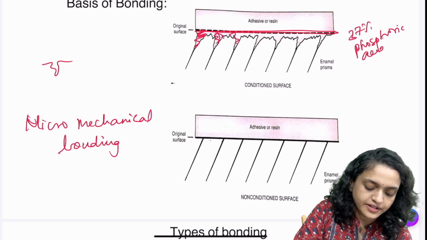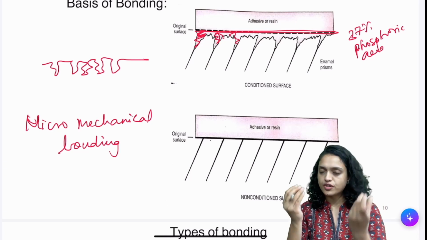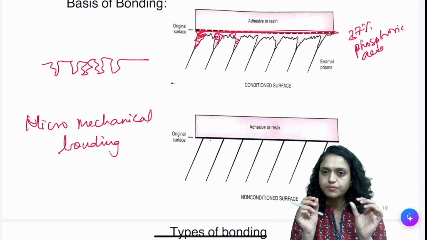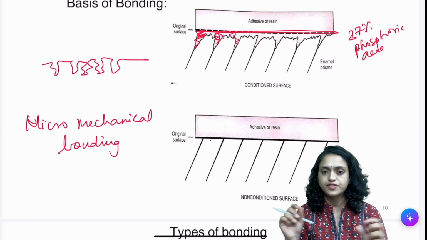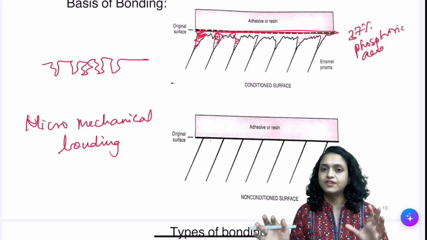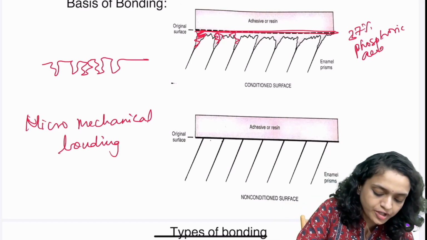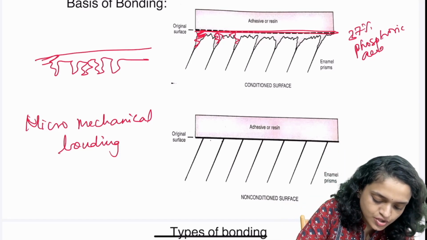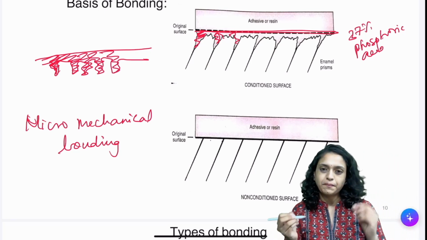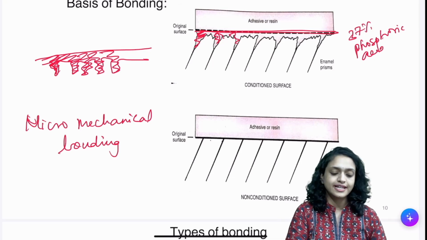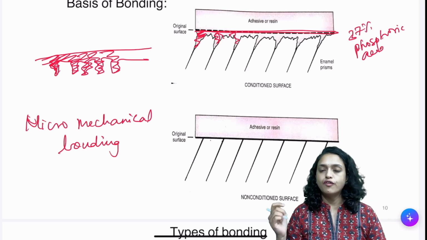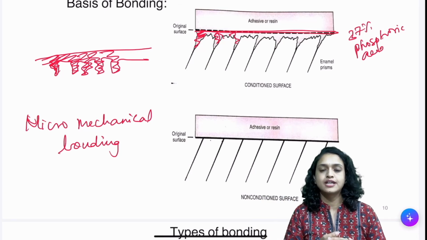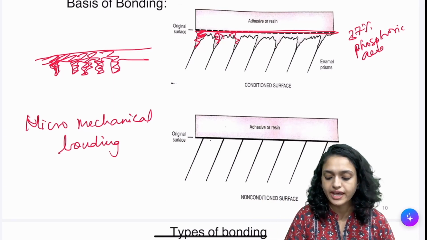So you create a porosity-like surface on the enamel. These are micro cracks, a little uneven surface. Now you're going to place a composite over it. This composite goes inside these cracks and fills them. So at the micro level, there is a mechanical bonding of the composite into the cracks. This is called micromechanical bonding.